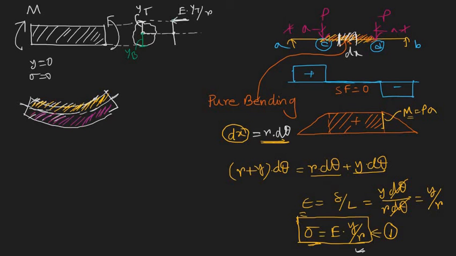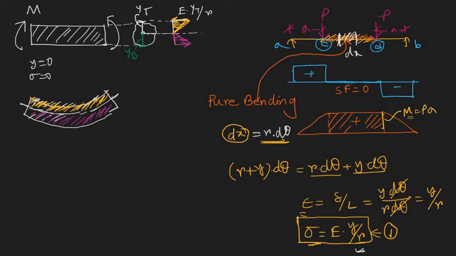So you have an idea about the compression and tension state of the fibers. These are all compressive stresses varying linearly, and all the stresses below the neutral axis are tension.